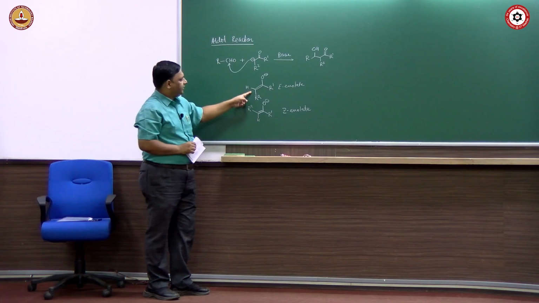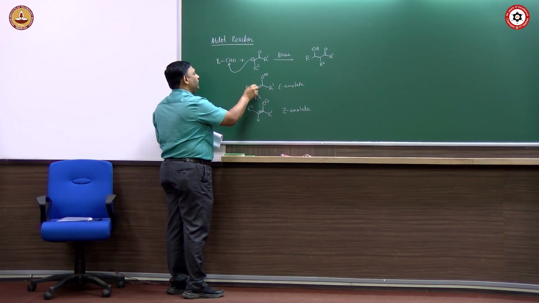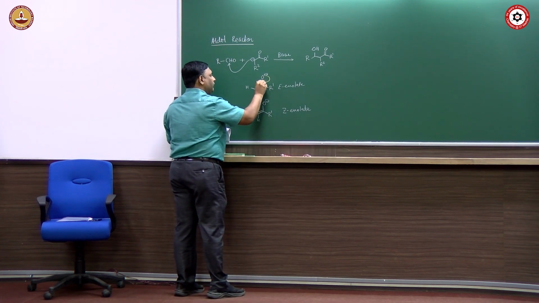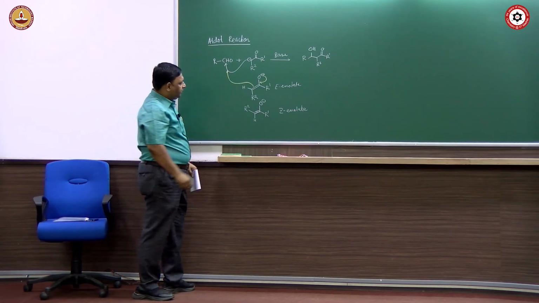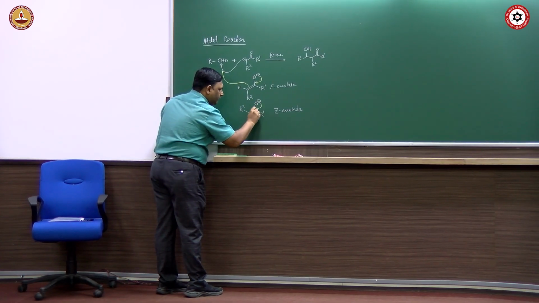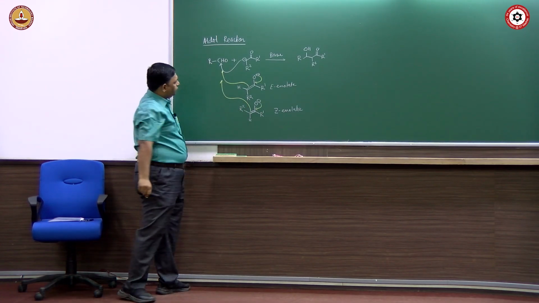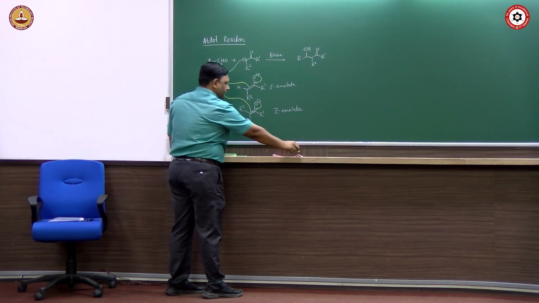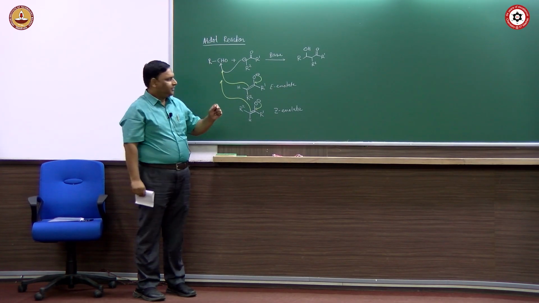Now, once this enolate is generated, it can react with the aldehyde coupling partner. So, this can come back and react with the carbonyl center, or similarly this can come back and go to the carbonyl. Now, this would lead to two different scenarios.